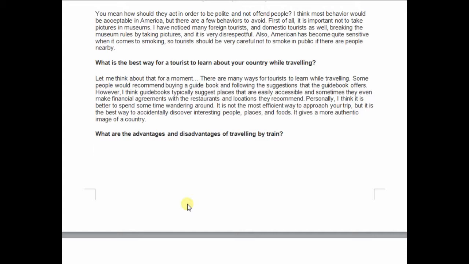Okay, so let's start with the advantages. I love traveling by train, and I look for every opportunity to do it. Why do you like traveling by train?